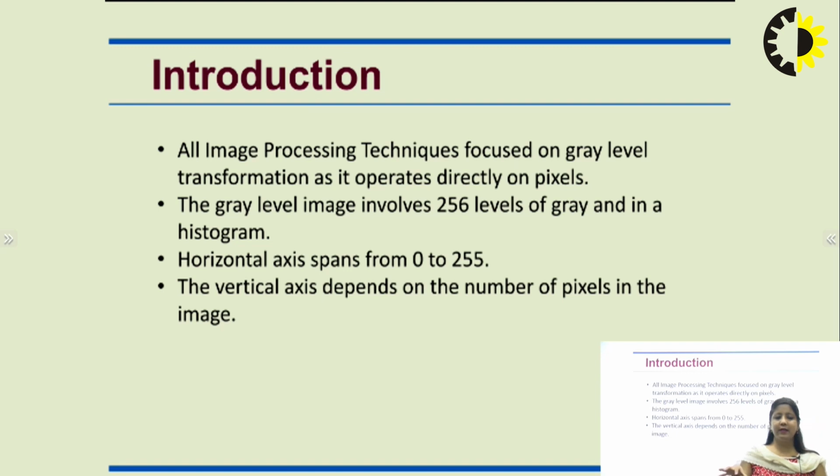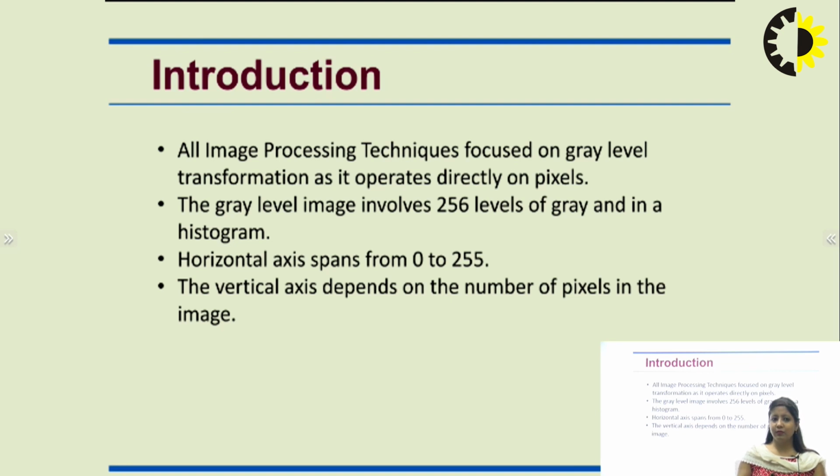If we draw a histogram, we can find out how many pixels have 0 intensity, how many have 1 intensity, and so on. From the histogram, we can see how gray levels are distributed in the image.